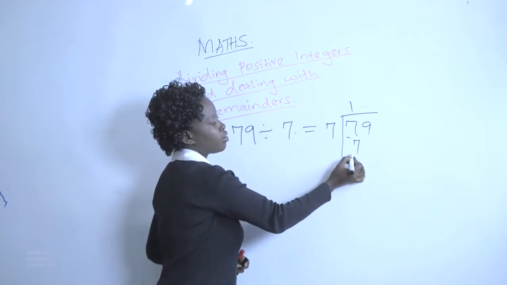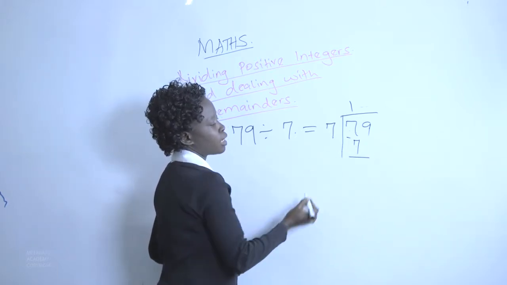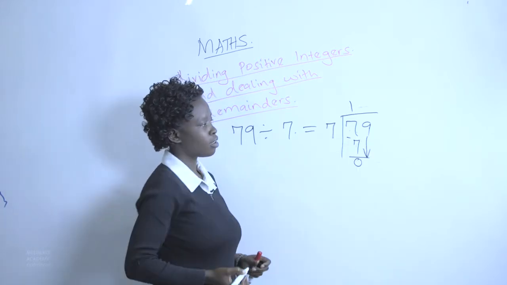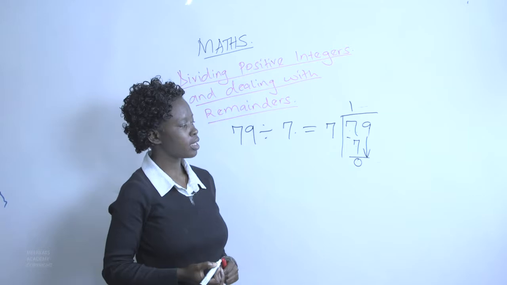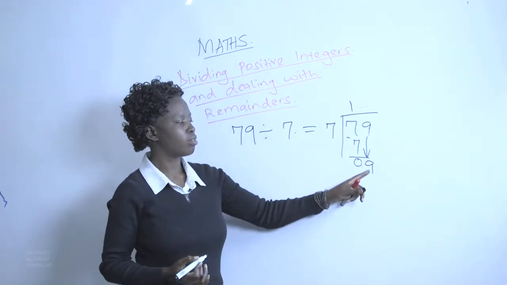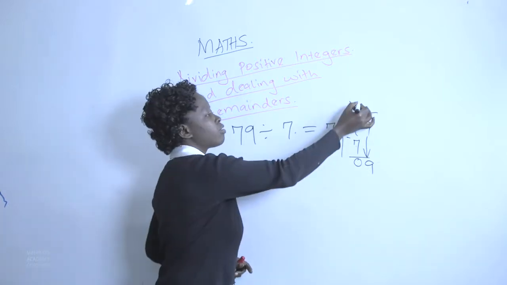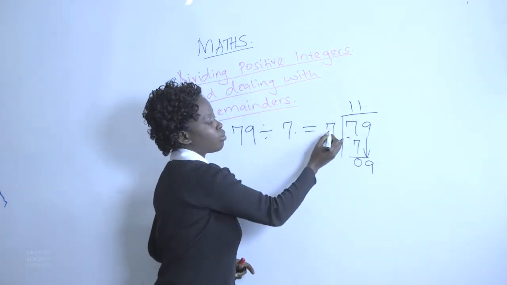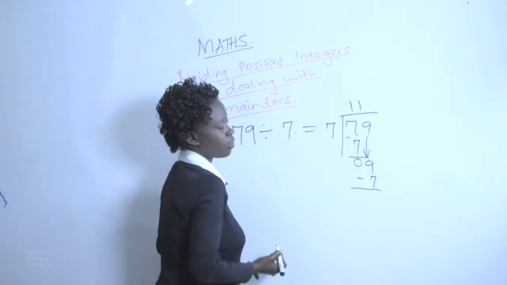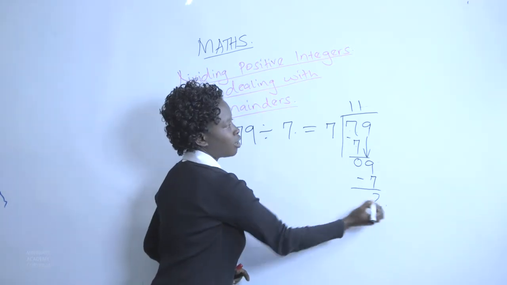If we subtract, 7 minus 7 is 0. The remaining figure on the far right is 9. So 7 divides 9 once. So 1 times 7 is 7. Then when we subtract this, we get 2.